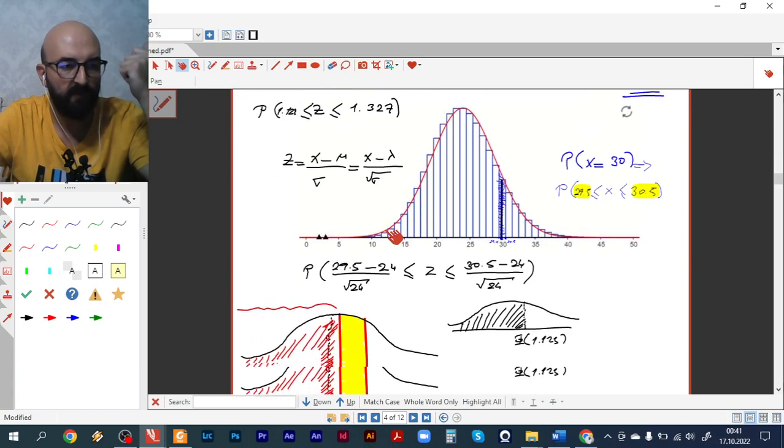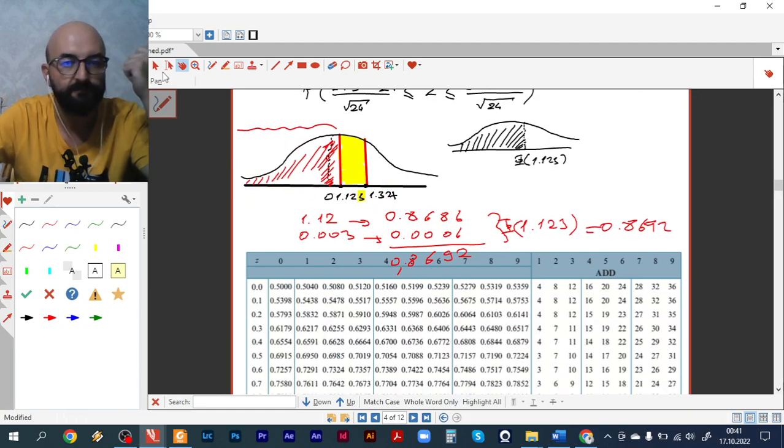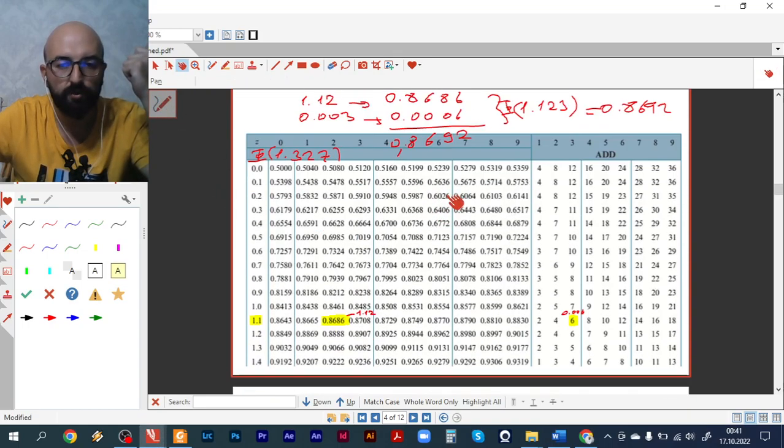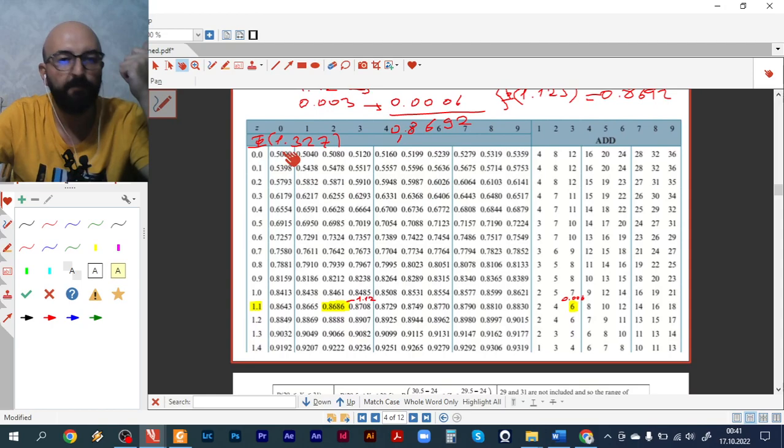If you want phi of 1.327, first you should find 1.3 and 1.32.